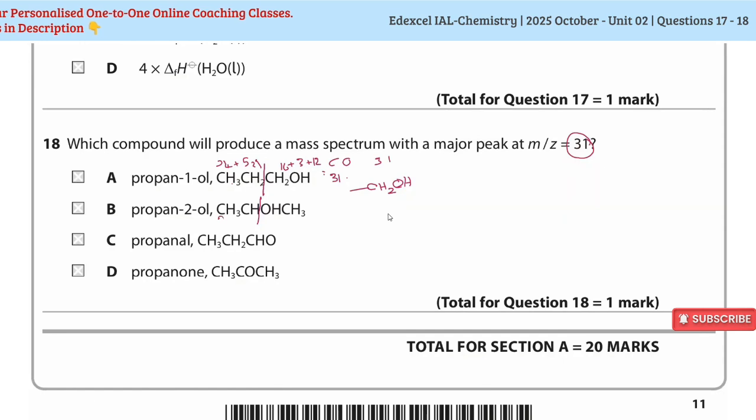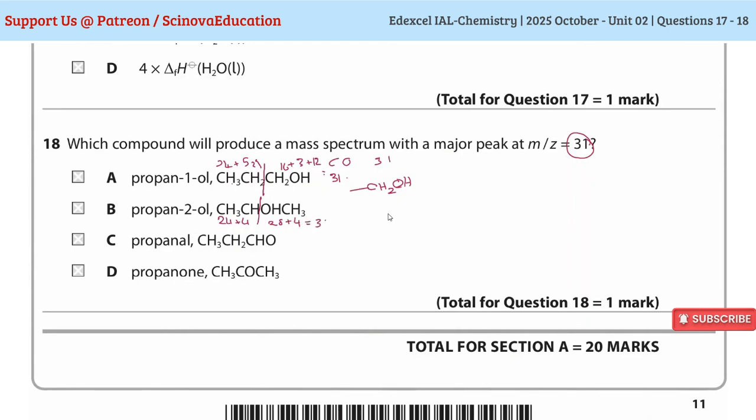CH3CH, 24 from carbon plus 4, 28. Here carbon plus oxygen, 28, plus 4, it gives 32. And here CH3CH2 again 29, CHO gives 29.